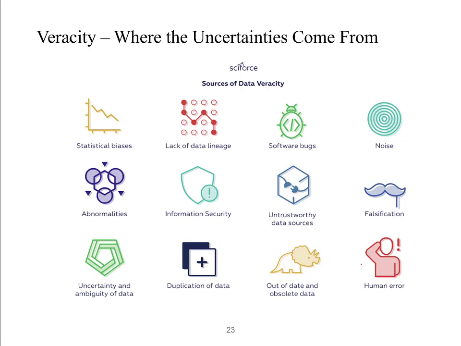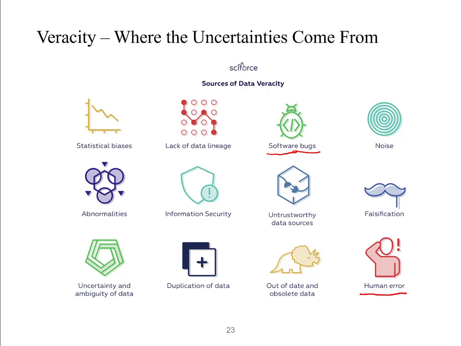This figure lists some of the sources where the uncertainty comes from. We can see that some of these uncertainties come from human beings, for example, software bugs or human errors.